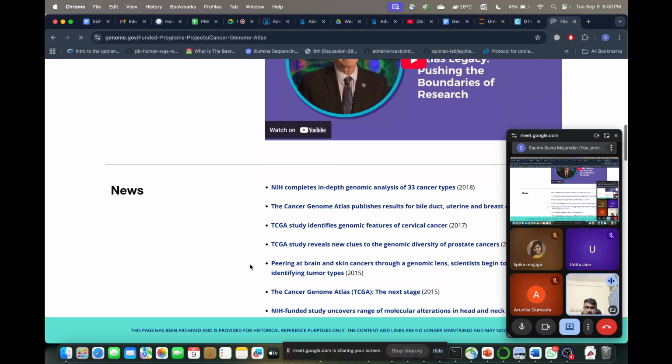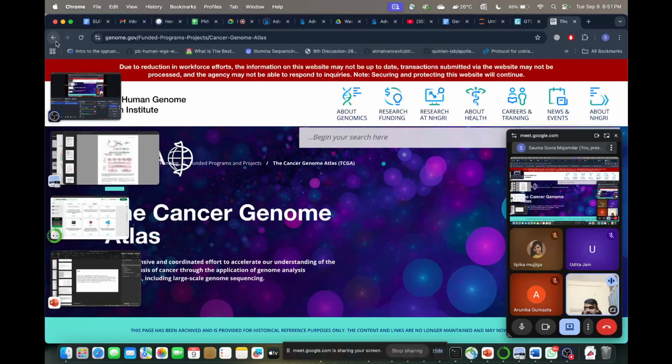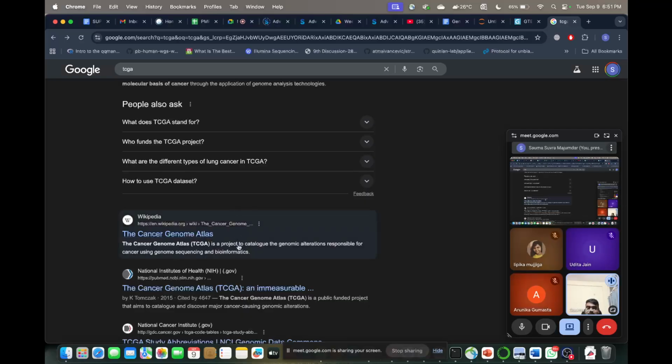This contains all the information for TCGA. It is a genome research project which only targets certain cancer types. We sequence genomes for individuals that have cancers and also controls, so that you can compare.